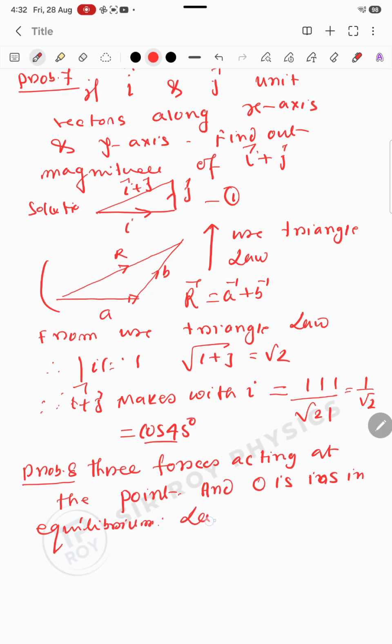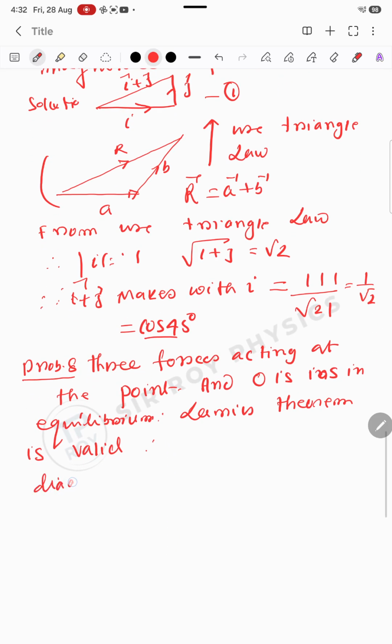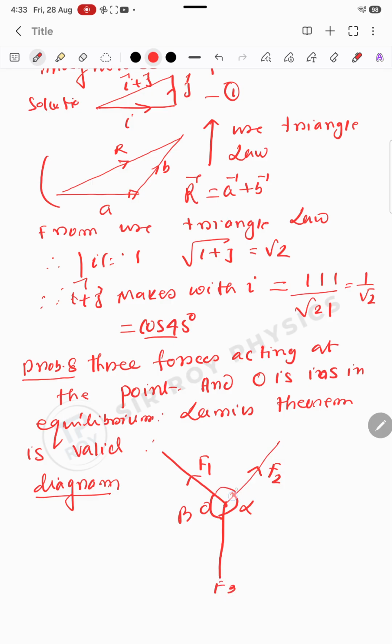Then Lami's theorem is valid. That means diagram: F1 opposite angle alpha, F2 opposite angle beta and F3 gamma.